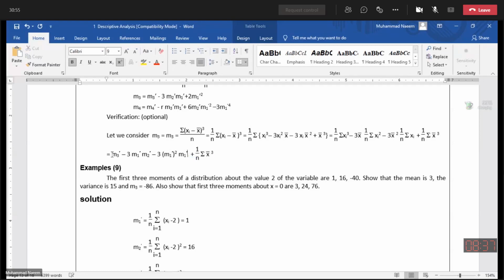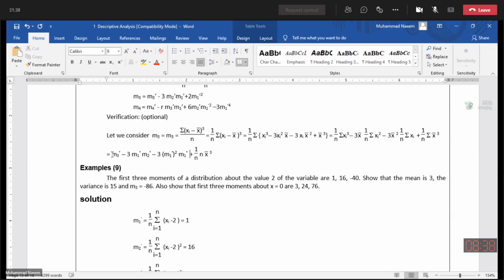So replace with M1 prime. And last one, what is this? When a constant is summed up, as sigma is applied to a constant, it becomes n times. So replace sigma with n. N is cancelled. We only have x bar cube.